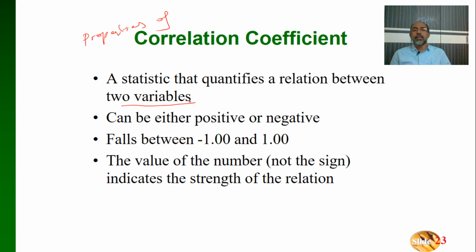This is a definition, and also for understanding purposes. The correlation coefficient is a statistic, a compressed number that quantifies a relation between two variables.